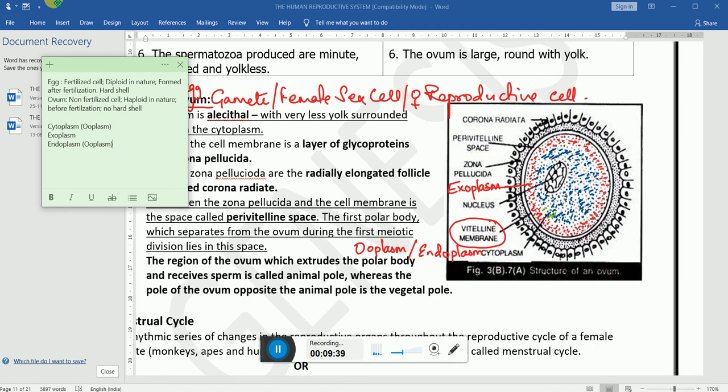Now it has got two regions. So what are these two regions? One region is made up of formative yolk. Formative yolk refers to the normal cytoplasm that's present in the periphery.